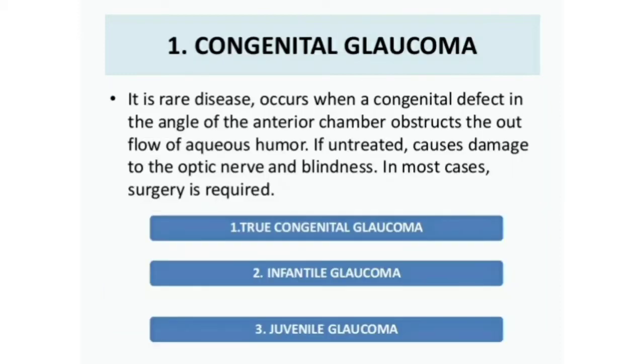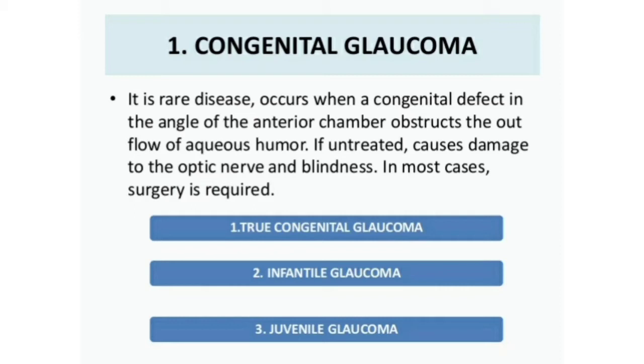Now let us learn about congenital glaucoma. Generally, a congenital defect in the angle of the anterior chamber obstructs the outflow of the aqueous humor. So outflow of aqueous humor does not occur properly, and there is a lot of collection of the aqueous humor.